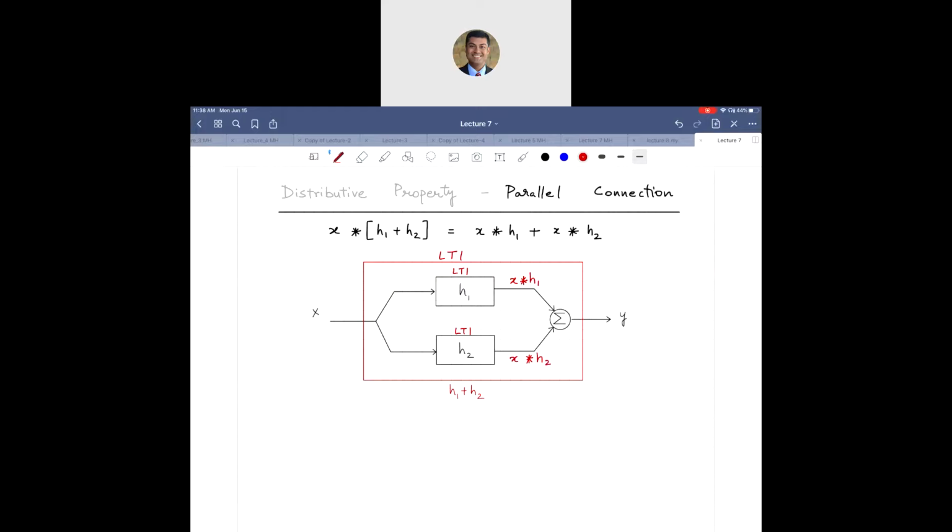So you get Y, which is X convolved with H1 plus X convolved with H2, which, using the property, is X convolved with H1 plus H2. This means that you can treat parallel systems that are added up later as a system with impulse response H1 plus H2. So the system impulse response here is simply the addition of the impulse responses H1 and H2.